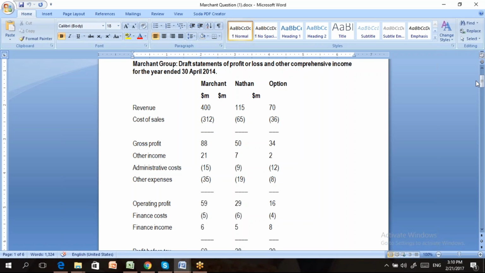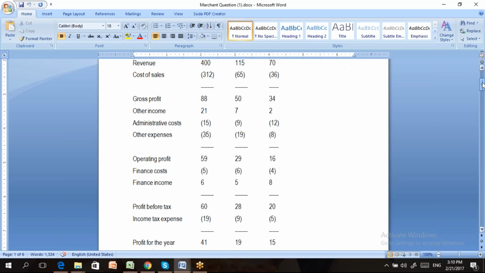So my finance cost must get reduced by 3 million, in other words finance cost should be 3, and therefore the profit for the year will be 22. Agree?